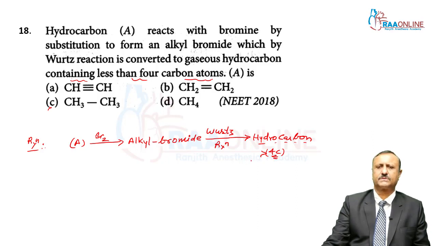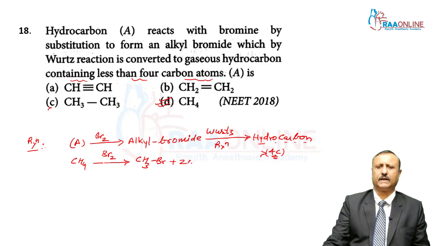So, my dear students, the answer is D, because you can take methane, one carbon atom. When this methane reacts with bromine, you get CH3Br.